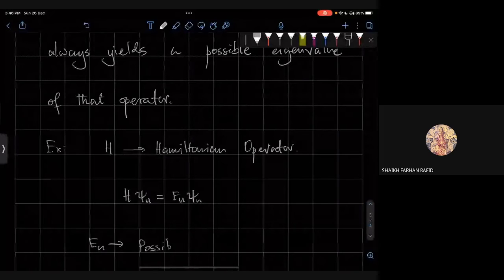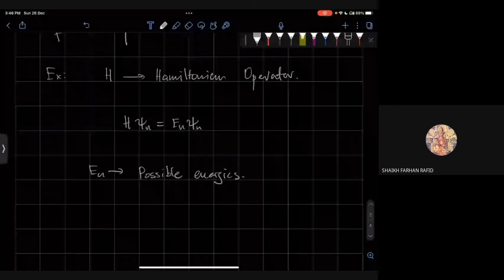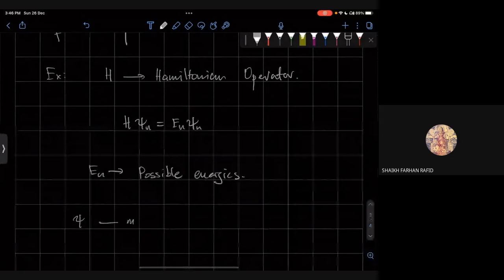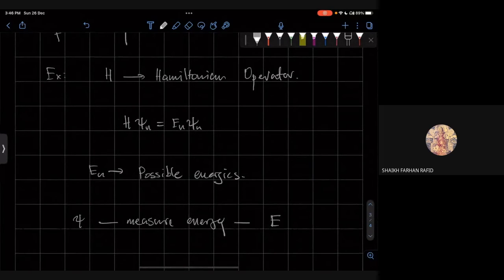If I give you a state psi and you measure the energy, then you must obtain one of the values En. You're not going to obtain any other values.